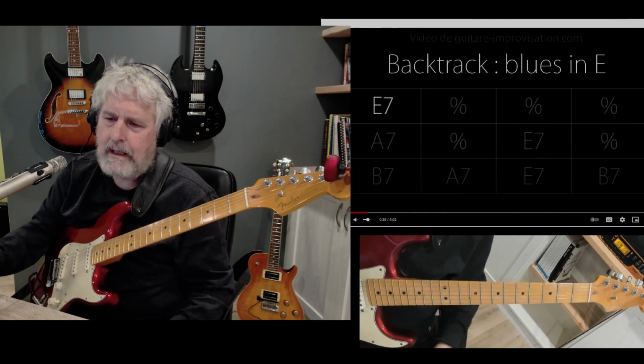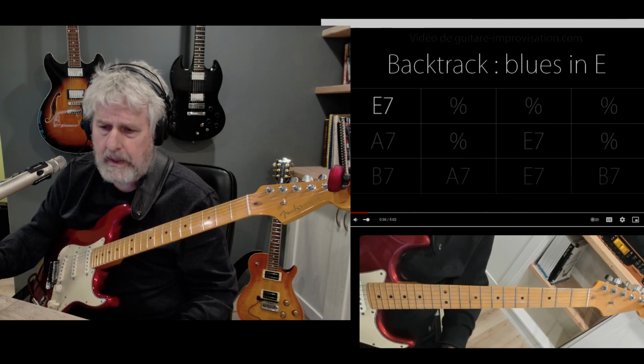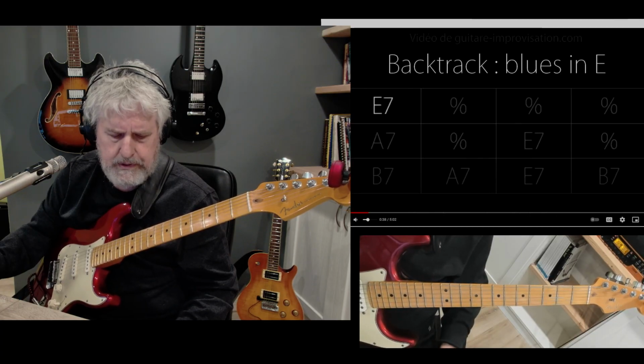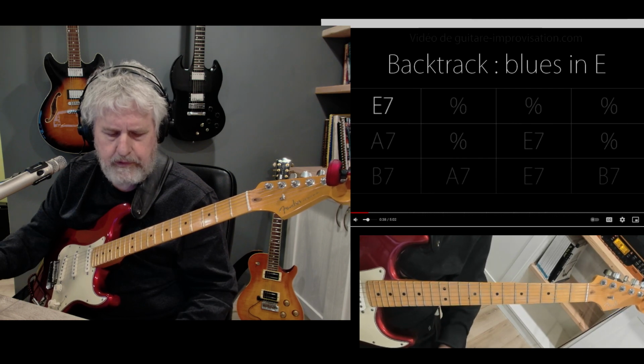So that's a really handy line that you should have underneath your fingers, and you should know. Again, I'm just calling it an ostinato or a motif, like a repeated figure.